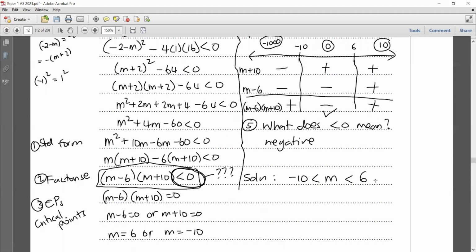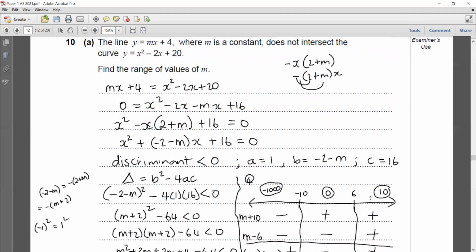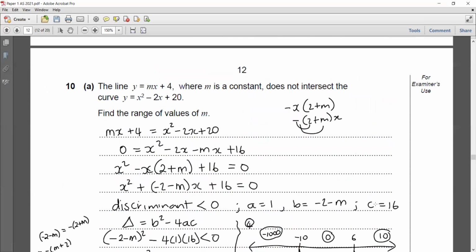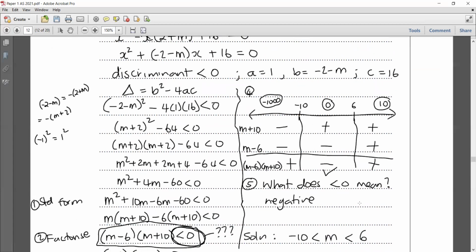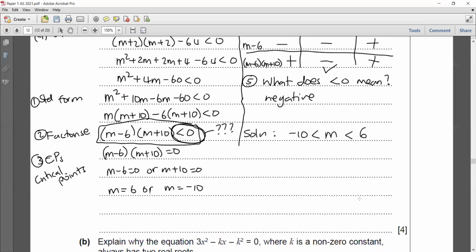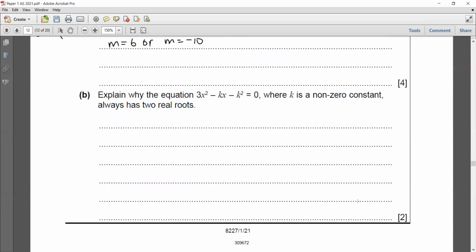And that is how you would solve this question. So it involves you doing a little bit of thinking, but then applying what you know about solving quadratic inequalities.